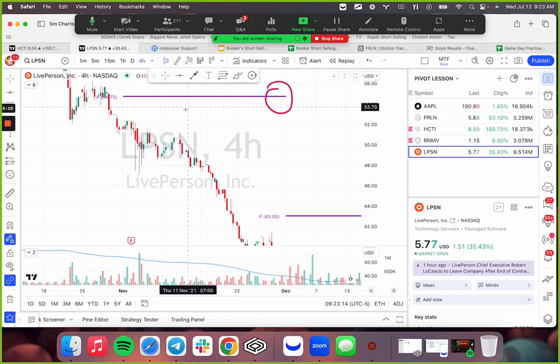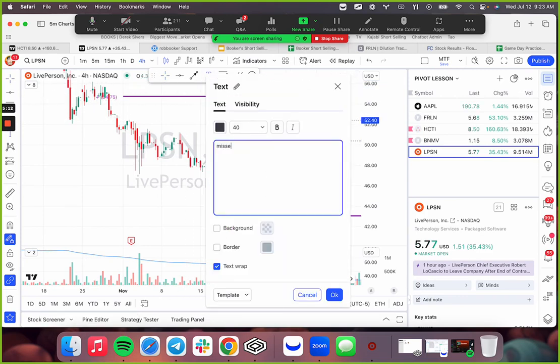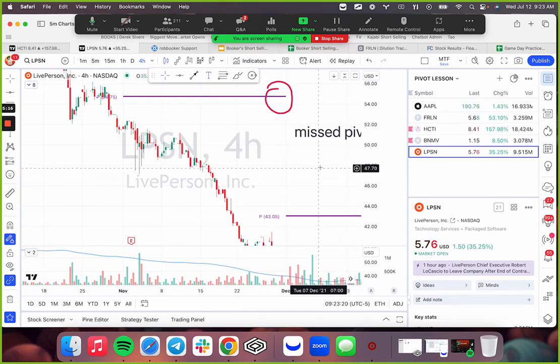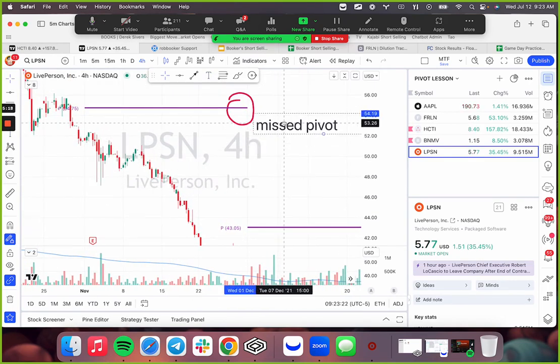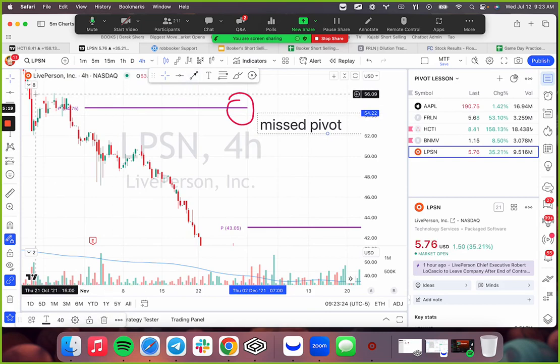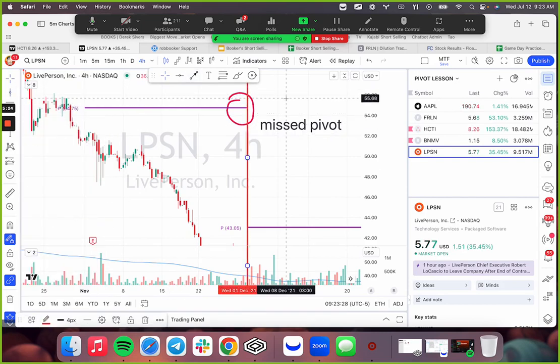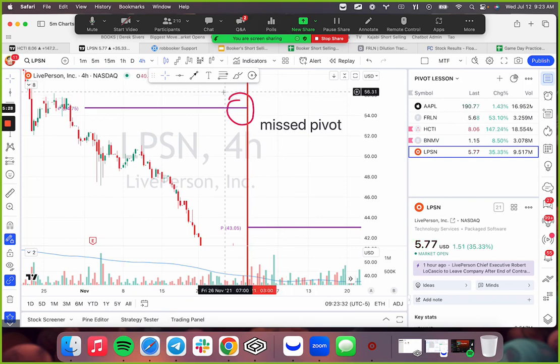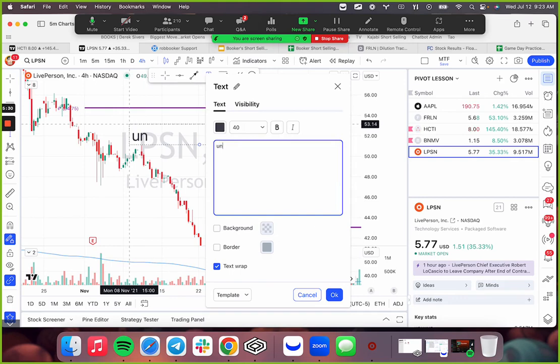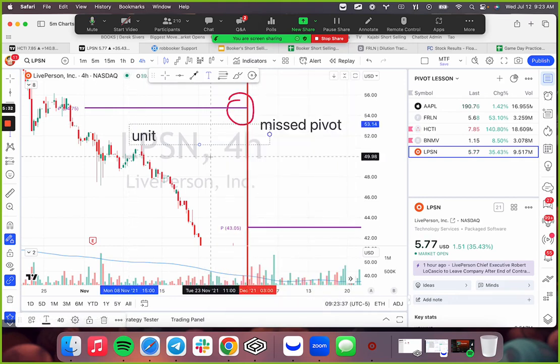That is a phenomenon known as a missed pivot. Now, it's a missed monthly pivot because we're looking at monthly pivot points. It is a missed monthly pivot point after the month is over. During the month, it is unhit. It hasn't been hit yet.